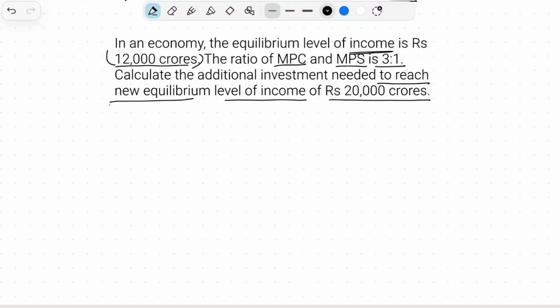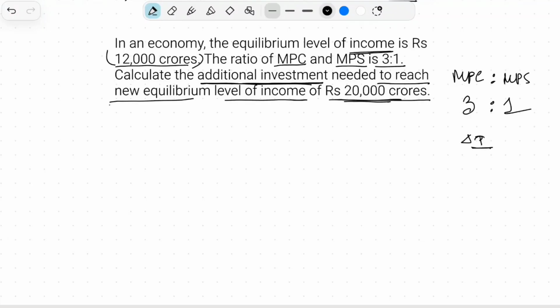The ratio between MPC and MPS, you can write as MPC is to MPS as 3:1. You are asked to calculate the additional investment needed. Additional investment is basically change in I that you have to find out.